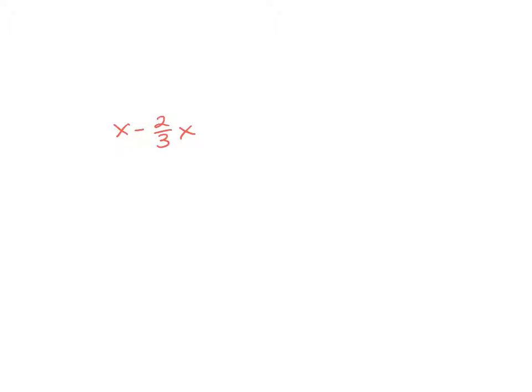But remember, there's an understood 1 in front of that x. So what I really have is 1 subtract 2/3. One way to do that is to rewrite that 1 as 3 over 3, so it's 3/3 x subtract 2/3 x, which gives a final answer of 1/3 x.